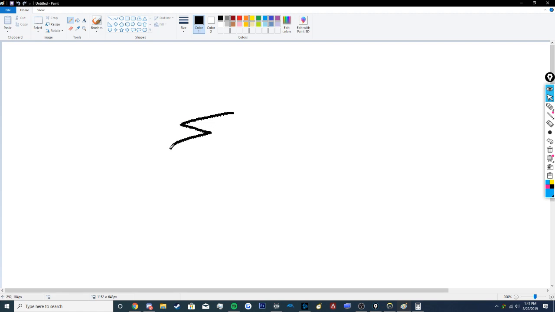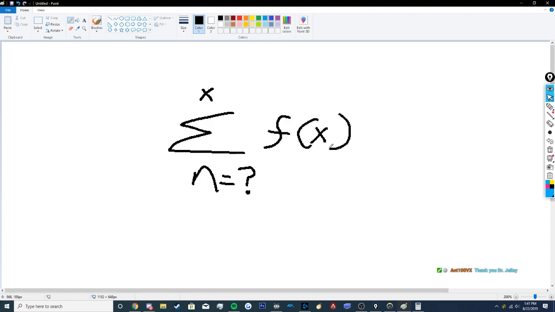So it's sigma, variable to, I don't know what they usually do. I'm just going to say x, n equals, hold on, I had to do a question mark, then x, and then f of x. So I should probably not use this as an x. Let's call it L. I don't want to do a capital L because that's dumb.